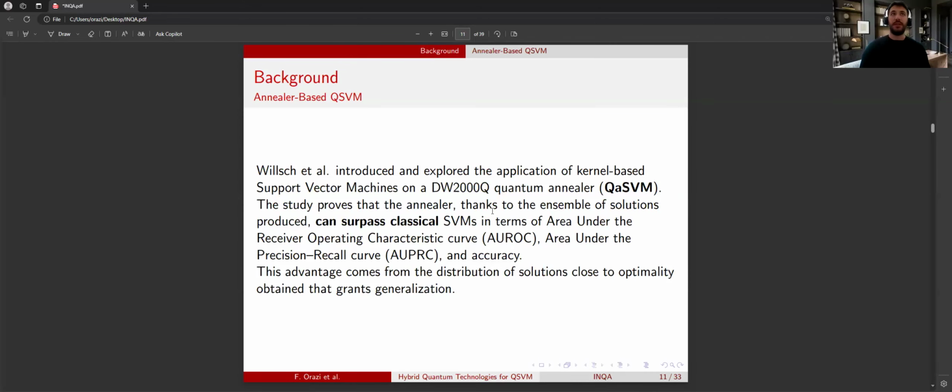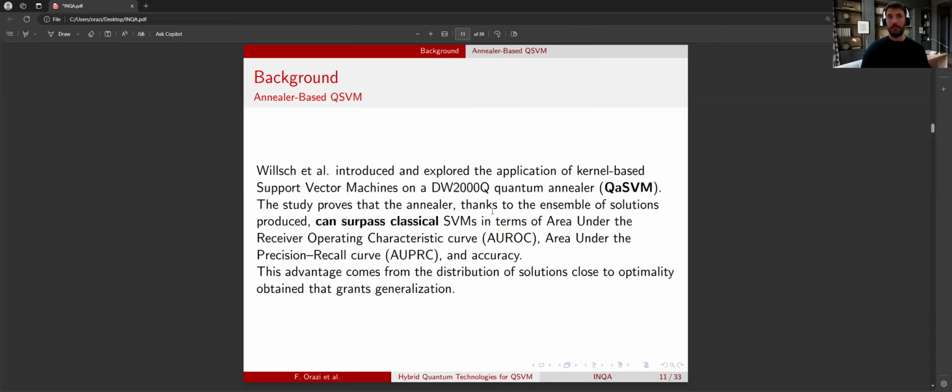This approach, the annealer-based quantum support vector machine, or as we will call it from now on, QA SVM, has not been studied a lot in the annealing community, but Willsch et al. introduced and explored the concept of a kernel-based support vector machine some months ago, and they experimented on a D-Wave 2000Q annealer.